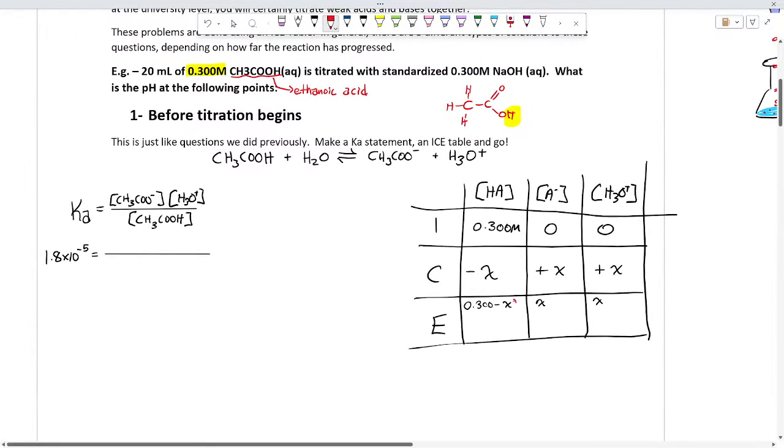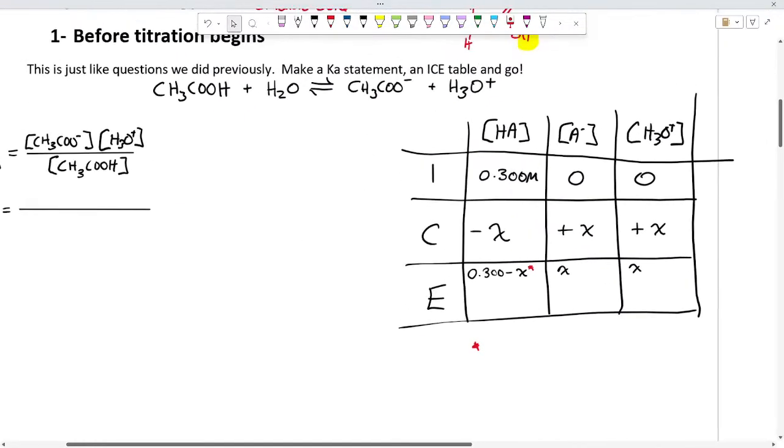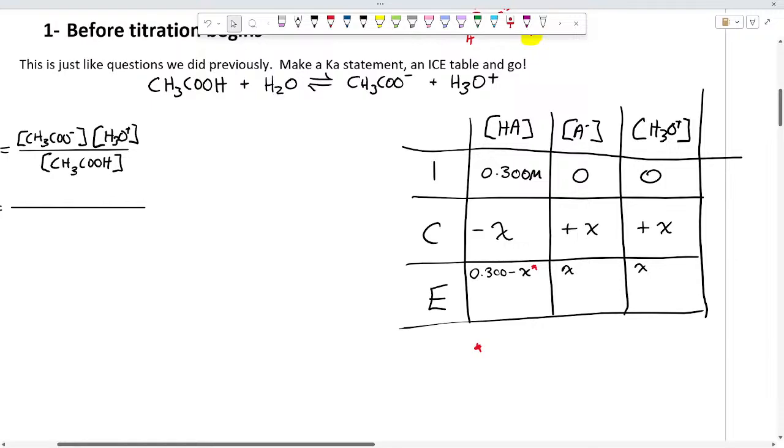Is there something we could test to make our lives easy? What do we test again? Is the concentration of our acid divided by the Ka greater than or equal to 500?